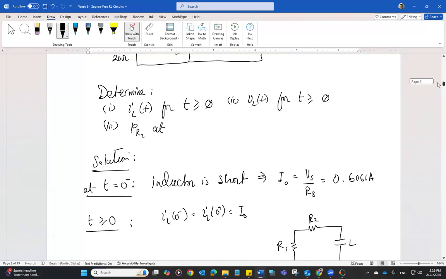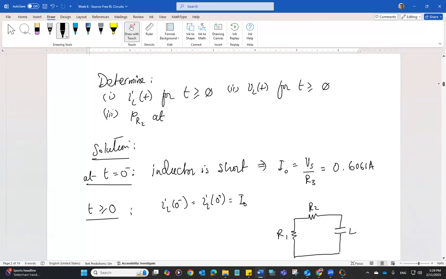Voltage across an inductor can change instantaneously. Current cannot. So when the inductor starts acting as a source, the current direction is still going to be the same. Current is going to be coming from the top and going through the bottom because current cannot change instantaneously. However, the voltage is going to flip. Now it will start acting as a source.